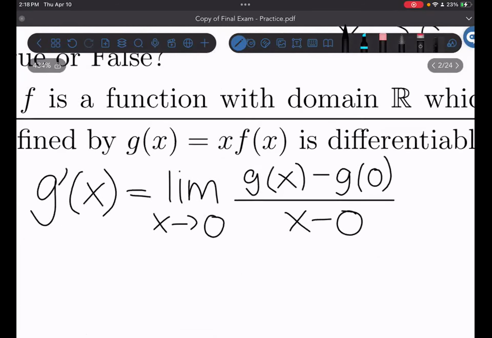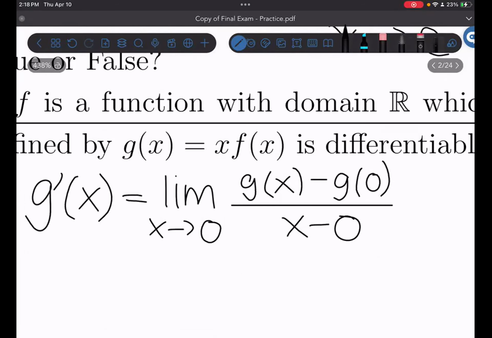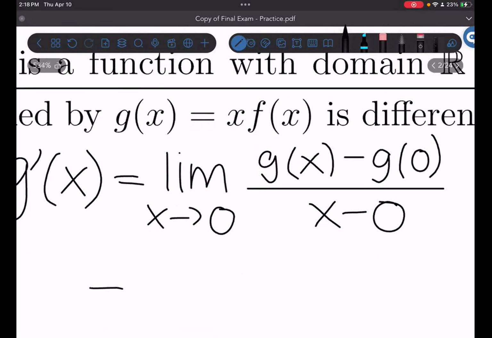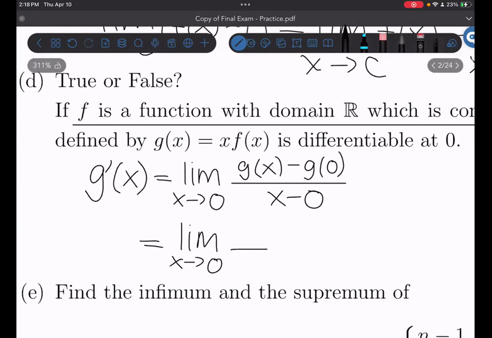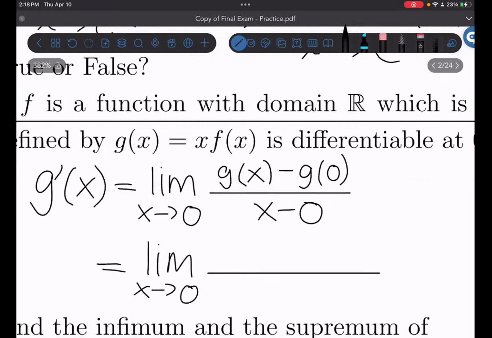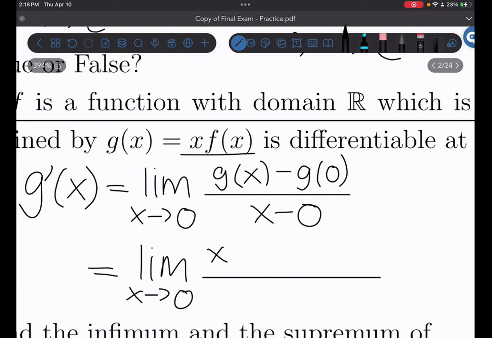And if we just try to solve this limit and make sure that limit exists, then we're like, yep, okay, that means it is differentiable at 0. So it would equal the limit as x approaches 0 of, so my g of x is x f of x.